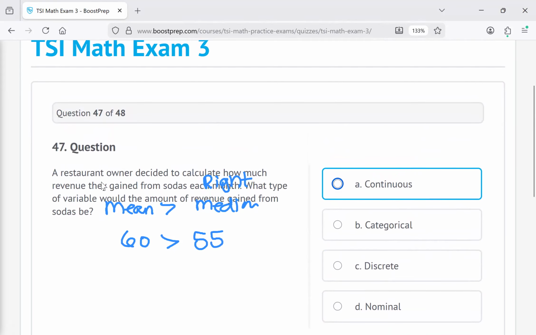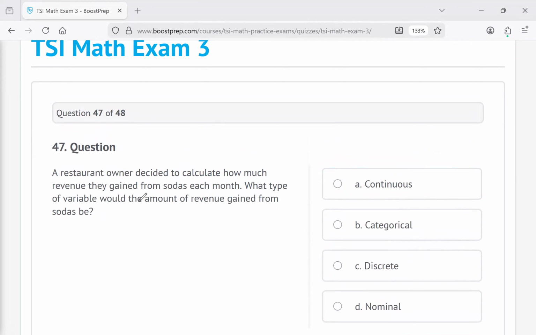Okay, 47. A restaurant owner decides to calculate how much revenue they gain from sodas each month. What type of variable would the amount of revenue gained from the sodas be? Is it continuous, categorical, discrete, or nominal? I think it's going to be continuous.